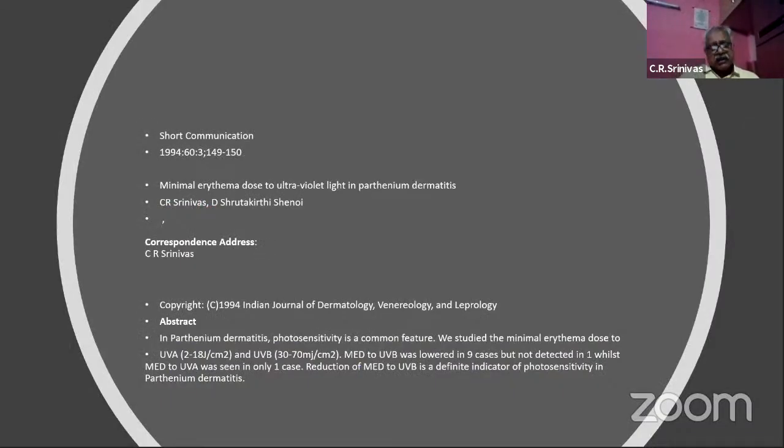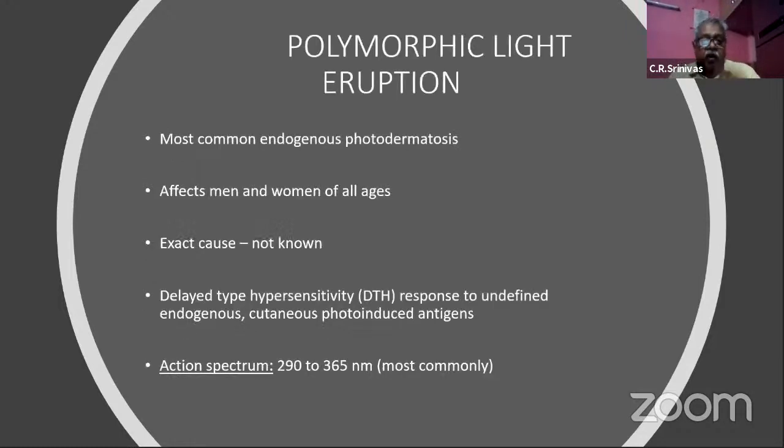So we reported this, and then we saw that many of the cases cannot tolerate sunlight. As you know, photosensitivity, photoallergy is mostly because of UVA, not because of UVB. Whereas in case of Parthenium, when we did minimal erythema dose testing, we found it very significantly lowered to UVB and to some extent to UVA. In other words, it is a non-specific sensitivity, which is a photoaggravation.